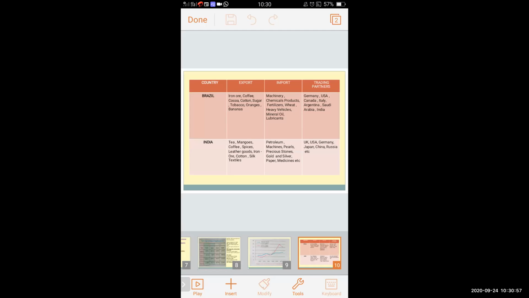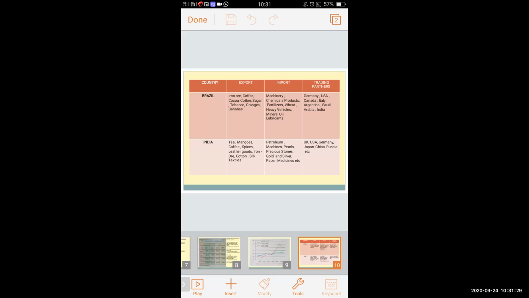So in Brazil, we can see exports: iron ore, coffee, cocoa, cotton, sugar, tobacco, oranges, banana. And imports: machinery, chemical products, fertilizer, wheat, heavy vehicles, mineral oil and lubricant. And the trading partners are Germany, USA, Canada, Italy, Argentina, Saudi Arabia and India.